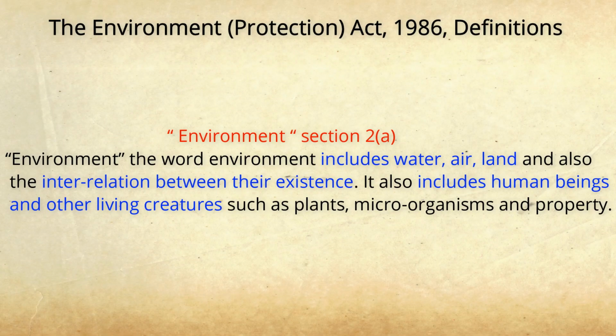Now let's look into the important definitions in regard to the Environmental Protection Act. Here we are going to look into environment, environmental pollution and environmental pollutants. The word environment is defined under Section 2, which includes water, air and also the interrelation between them. It also includes human beings and other living creatures such as plants, microorganisms and property.